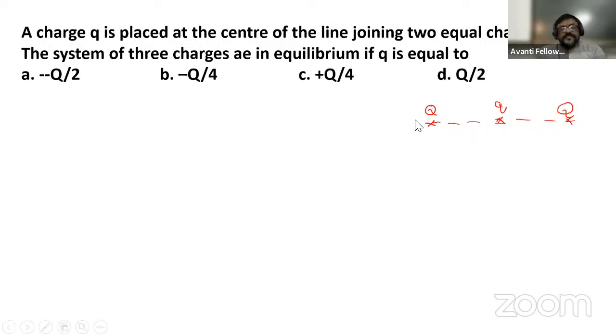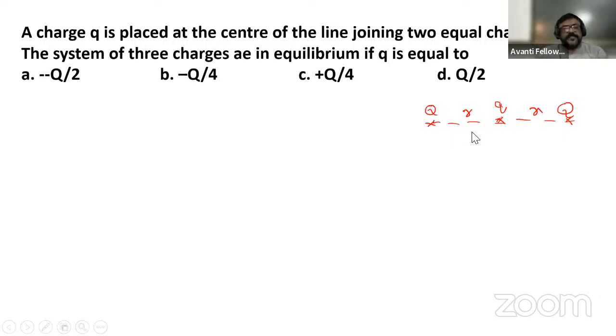And what we want is that the system of these three charges must be in equilibrium. Definitely the center one, q, will be in equilibrium. What is the reason? These are two equal charges, and q is located at the center of the line joining the two charges. So if this distance is R, this also will be R.